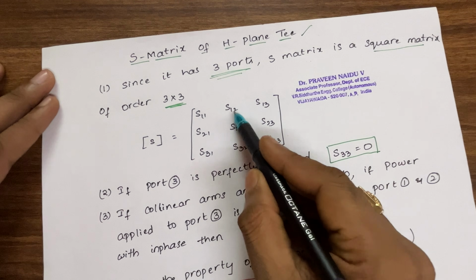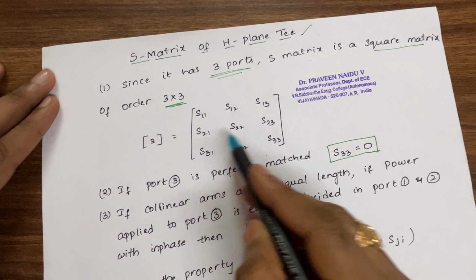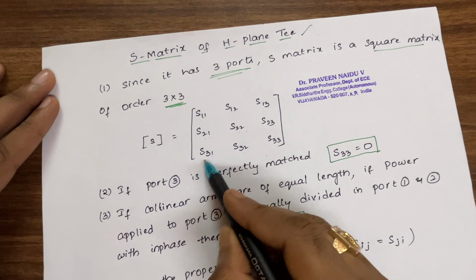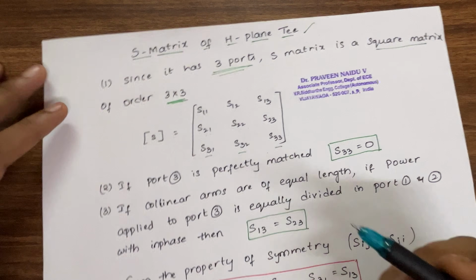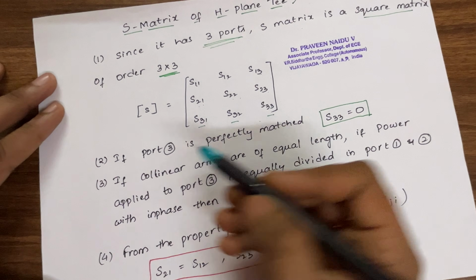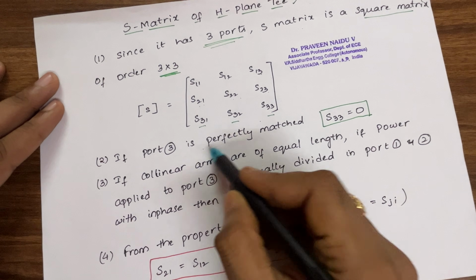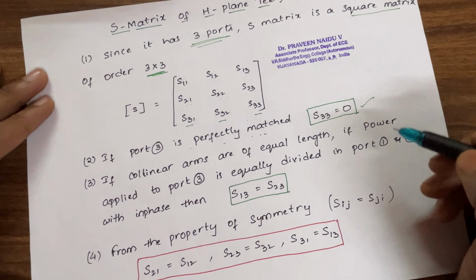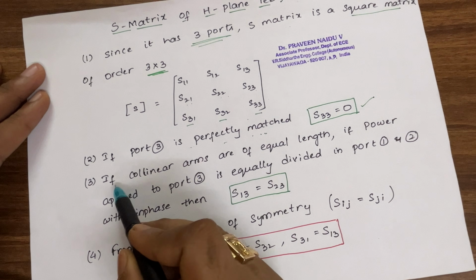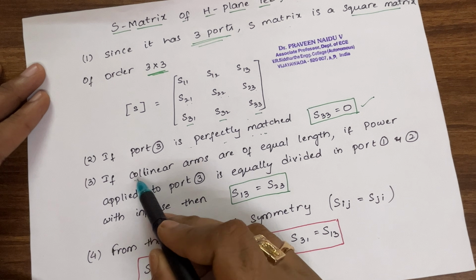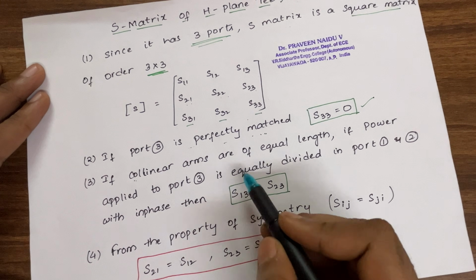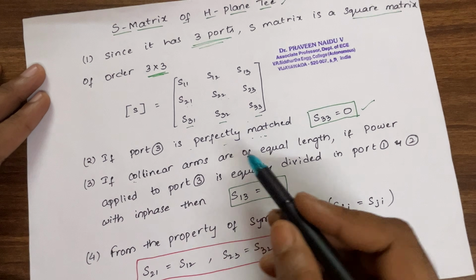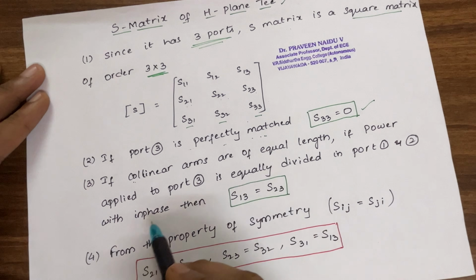So S11, S12, S13, S21, S22, S23, S31, S32, S33. Since we have considered that port number 3 is perfectly matched, S33 will be 0, and also the collinear arms, that is port 1 and port 2, have equal amounts of output with in-phase components.